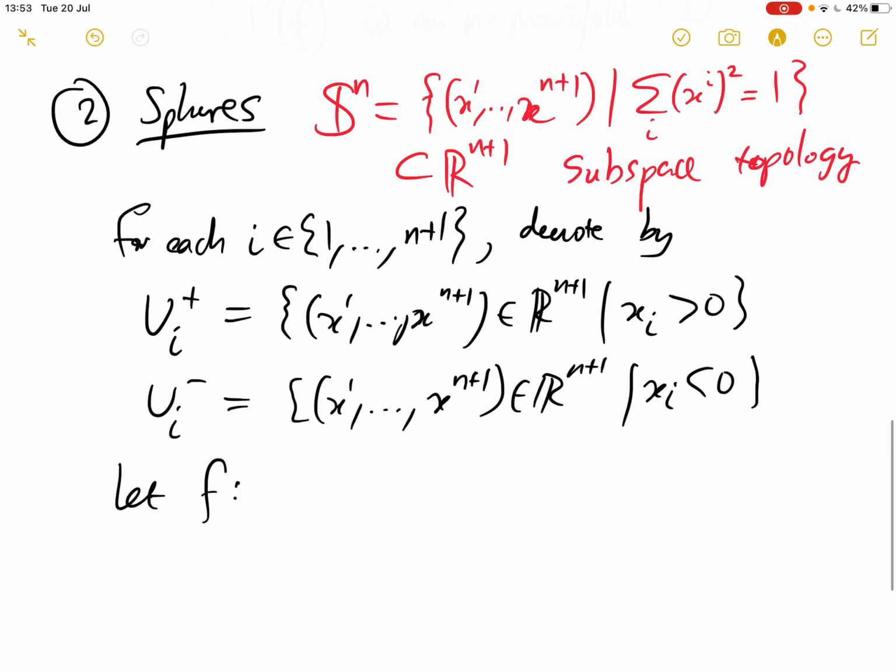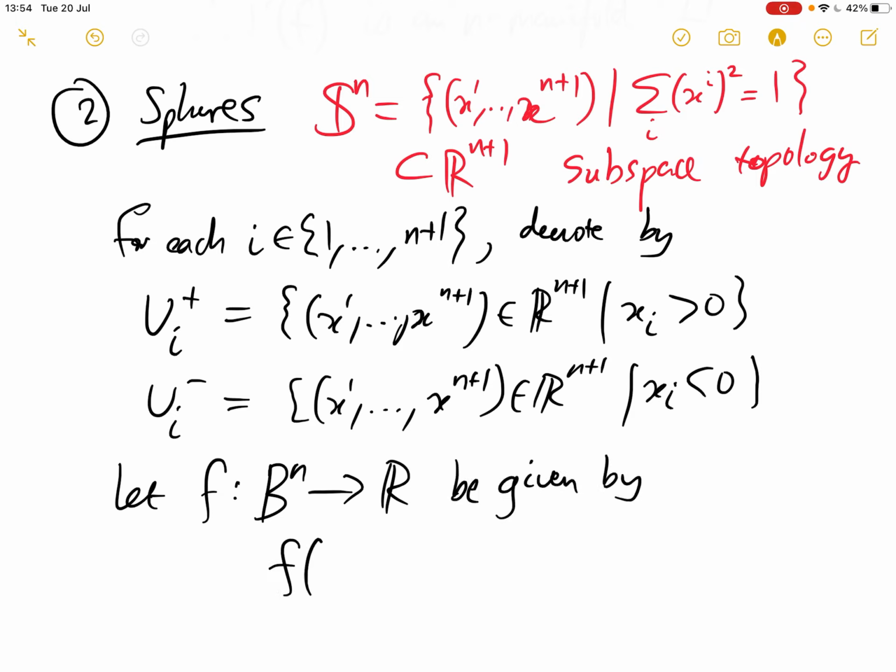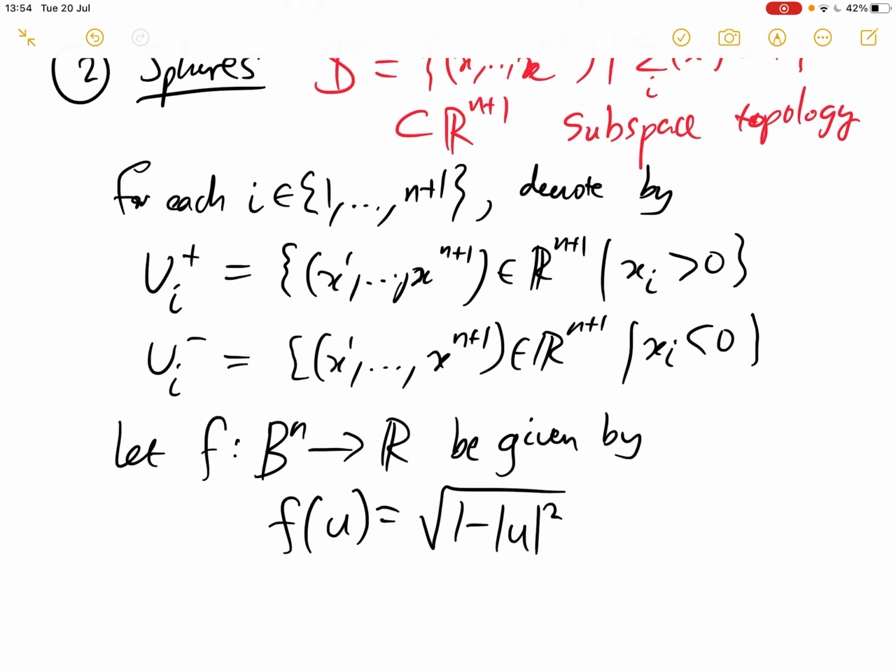If we then let f from the n-ball to the real numbers be the function f(u) = the square root of 1 minus the length of u squared, then what we want to show is that Ui+ intersect the sphere and Ui- intersect the sphere are both graphs of continuous functions.